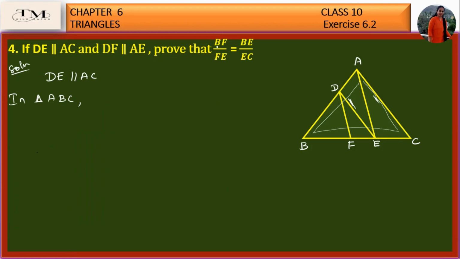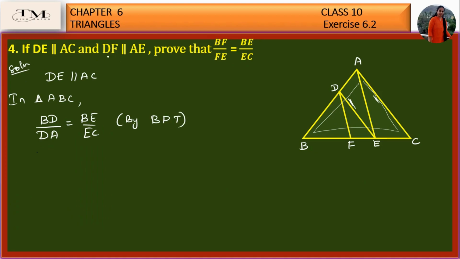Here they started with B, so we are going to start with B. So BD by DA will be equal to BE by EC because DE is parallel to AC. So in triangle ABC, we have BD by DA equal to BE by EC by BPT.